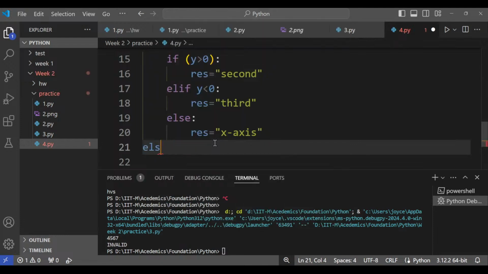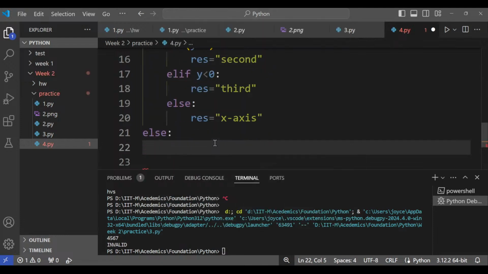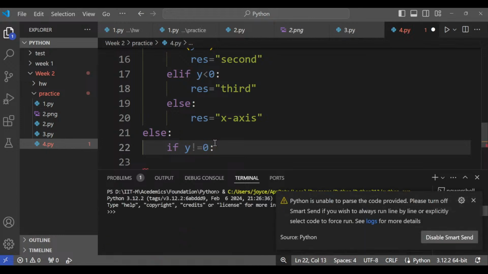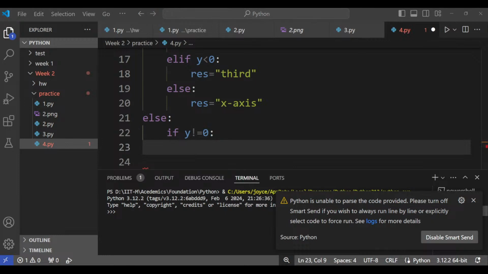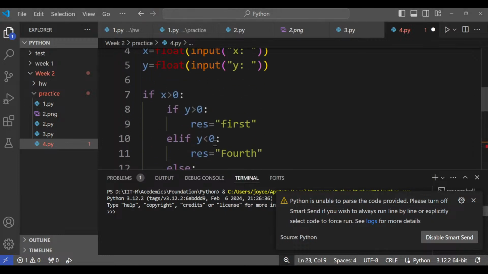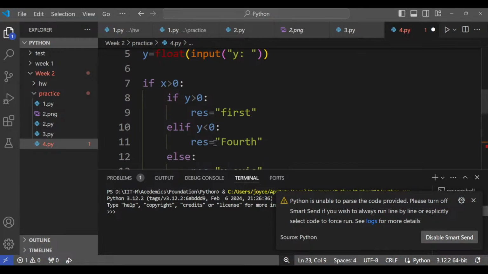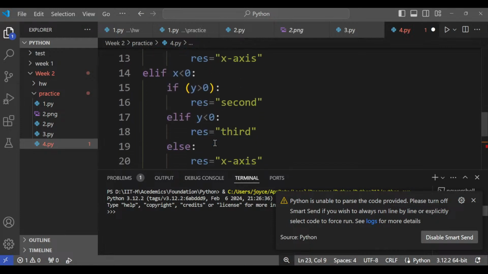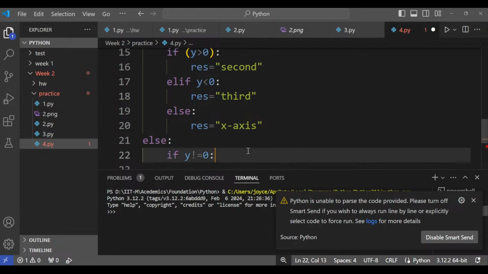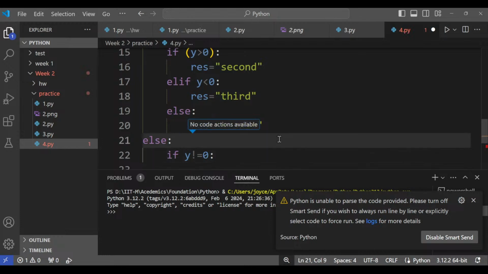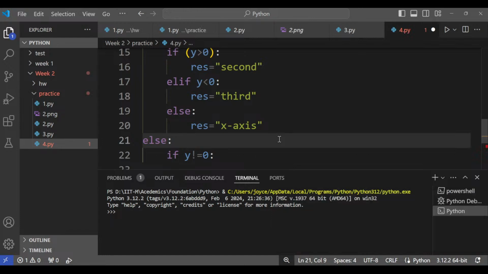And now we have the else part where if we have y not equal to 0. Oh no, wait. Yeah. If y is not equal to 0, so the case is when x greater than 0 or x less than 0. So now this is the case when x is equal to 0.